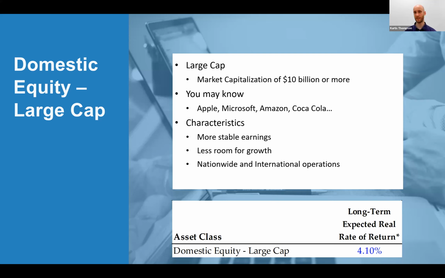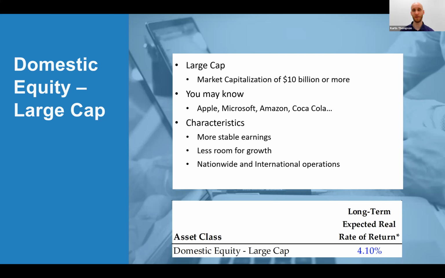Another characteristic you're going to see on almost all large cap companies is that they're going to be at least nationwide. They're going to be everywhere in America. You can get these products, or someone could work for one of these companies and be located in all kinds of different states all over the country. But not only that, a lot of these companies' operations are international.